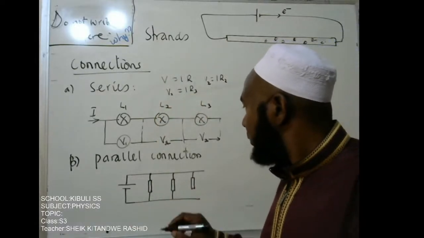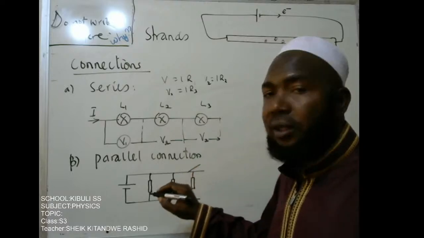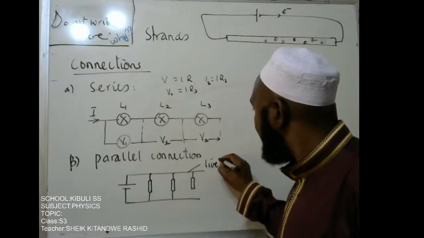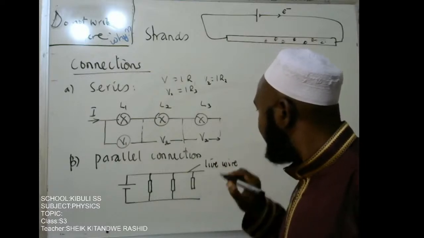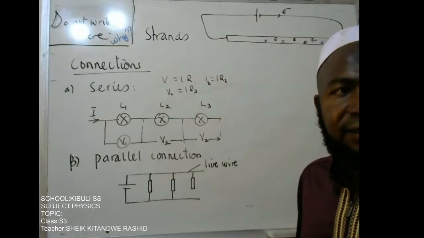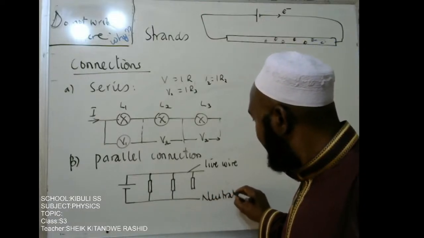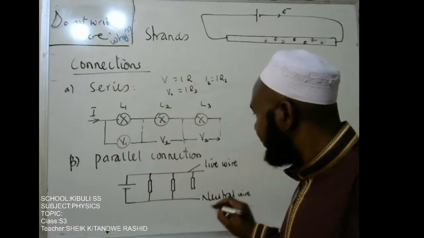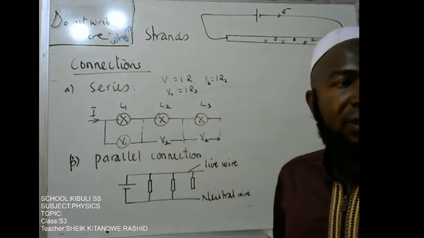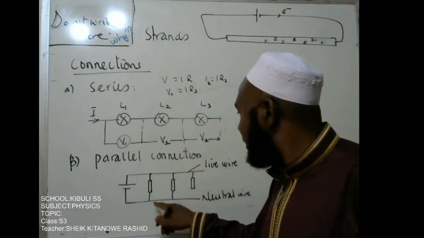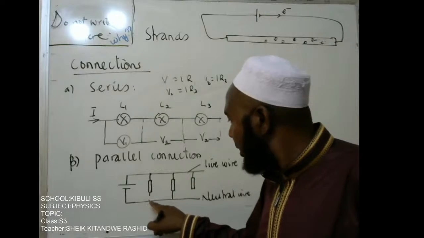Now, this one is the one that is carrying current, we call it the live wire. And then, this is the neutral wire. Now, the live wire does not come in contact with the neutral wire.